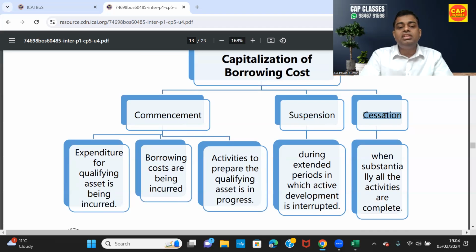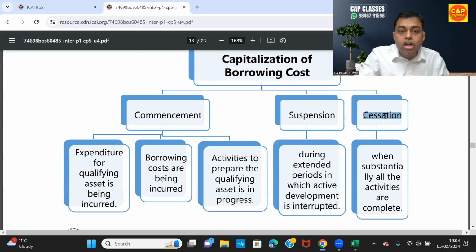When should I start capitalizing? Simply, did you borrow money at all? Yes, sir. Did you start incurring expenditure for the qualifying asset? Yes, sir. Whether activities that are required for development or construction of the property are going on? Yes, sir. Very good. Check 1, expenditure incurred towards the qualifying asset.